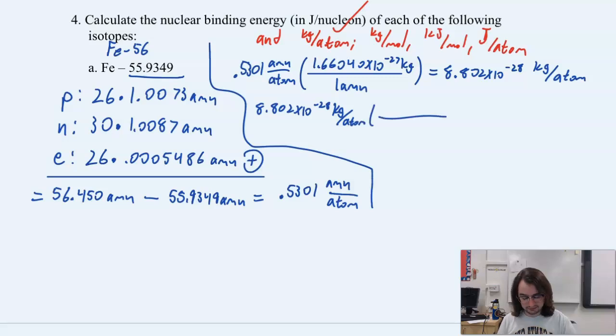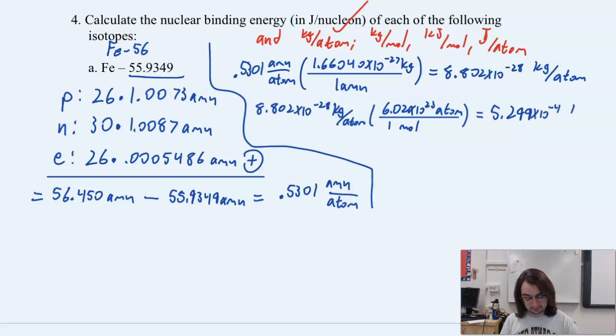And I'm going to use my relationship between atoms and moles, which is Avogadro's number, to get into kilograms per mole. And that is 5.299 times 10 to the negative 4th kilograms per mole.